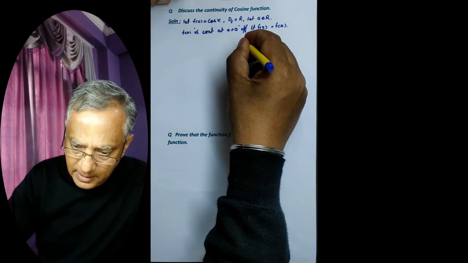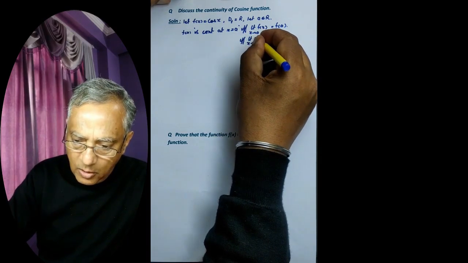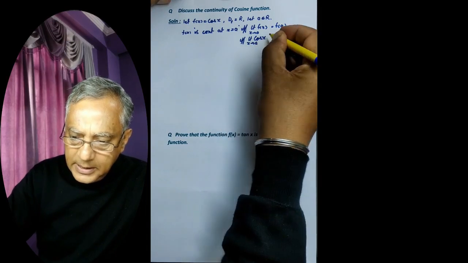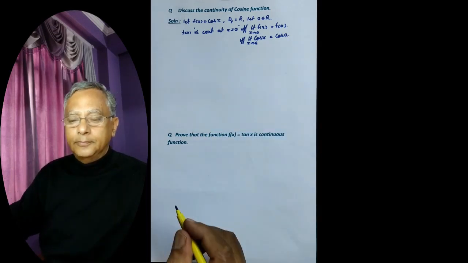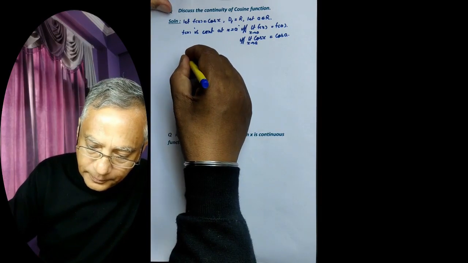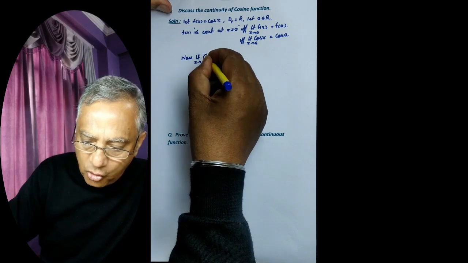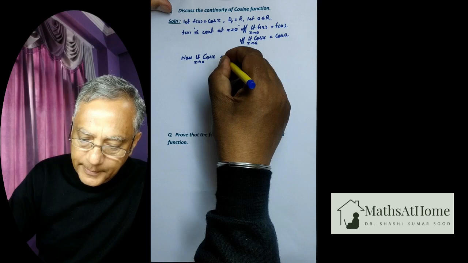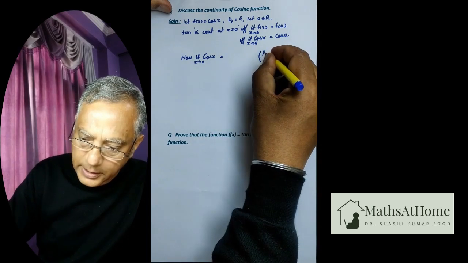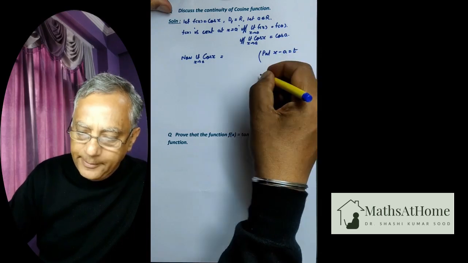That is, if and only if the limit as x approaches a of cos x is equal to cos a. Now, the limit as x approaches a of cos x: put x minus a equal to t.